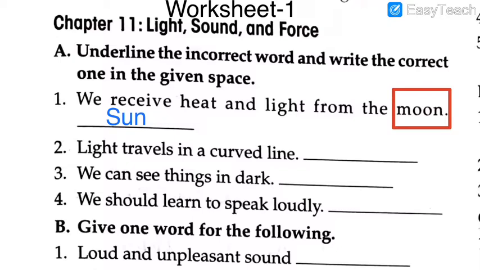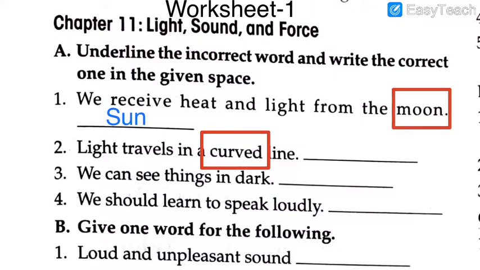Okay. Let's see which word is incorrect. Light travels in a curved line? Obviously not. Curved is incorrect. So light travels in a dash line. What if not curved? Obviously straight.